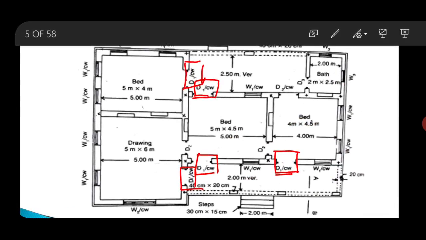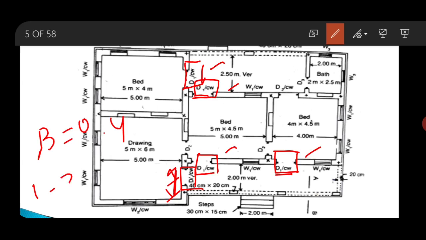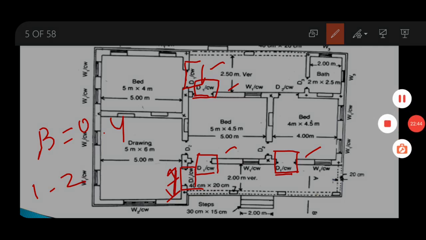And mark one thing, these D1 doors are present in 30 centimeter wall only. So here the width of the plinth will become 0.4 and this dimension is the length of the door, that is 1.2. Okay.